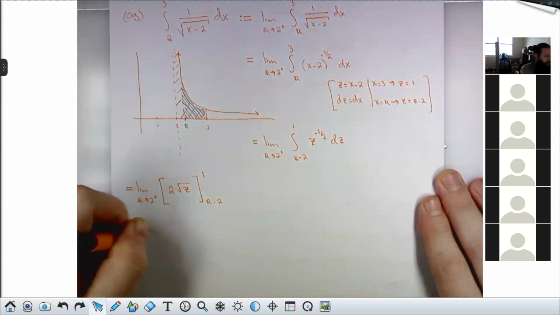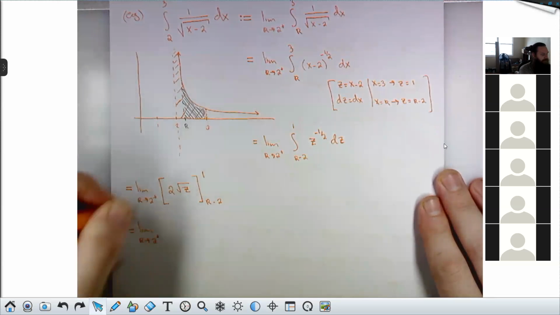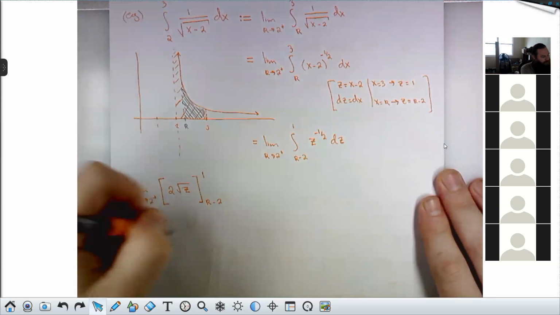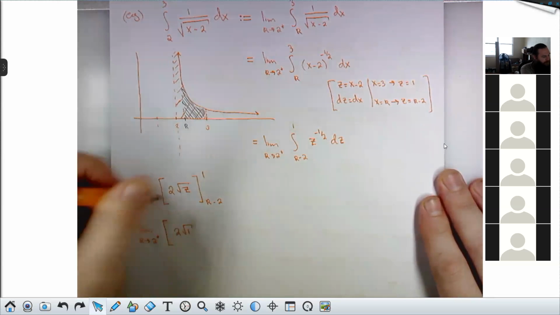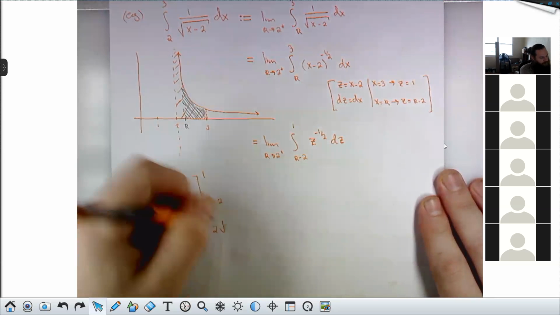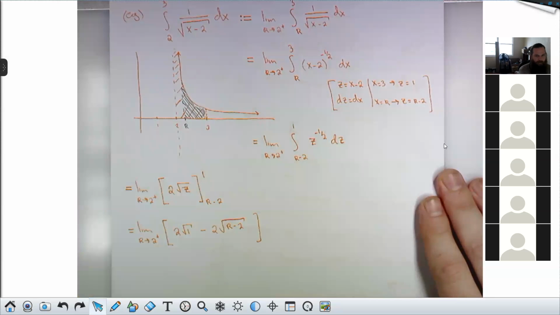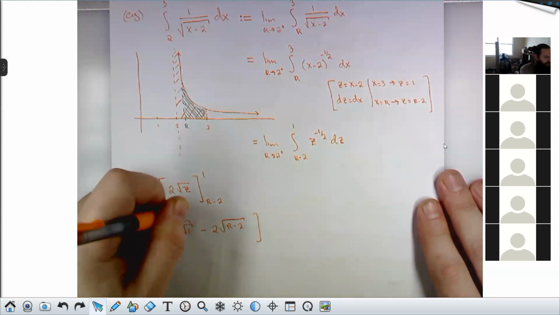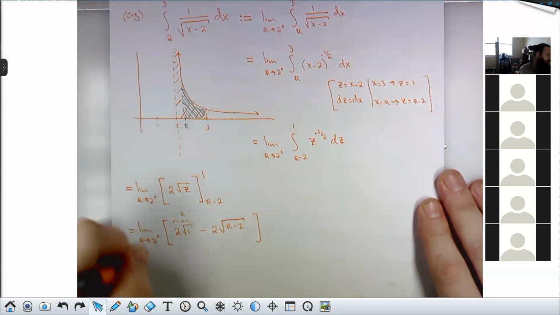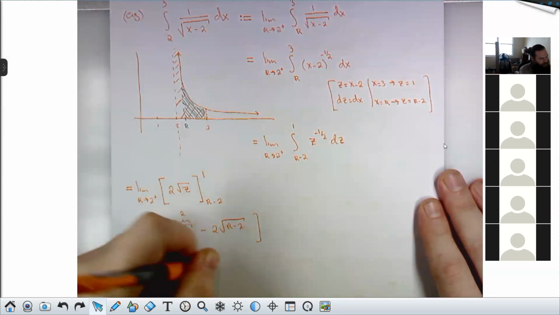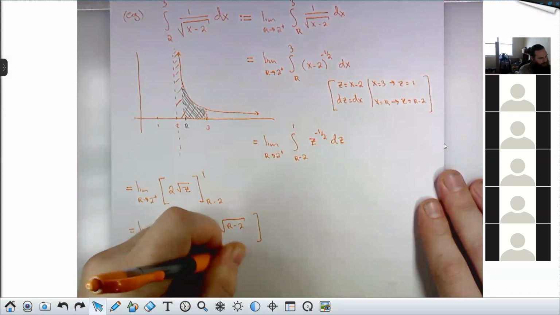And I know that it's annoying, but you need to keep writing these limits. 2 times the square root of 1 minus 2 times the square root of r minus 2. Like that. Now the square root of 1 is 1, so this whole piece here is just 2. So this is lim r to 2 plus 2 minus 2 times the square root of r minus 2.